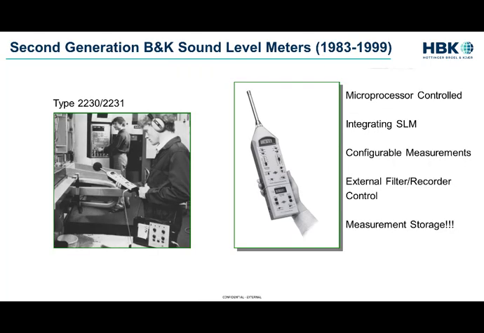This began to change in the 1980s with the introduction of the 2230 line of sound level meters. These microprocessor-controlled devices were capable of custom software sets for different types of tests, onboard memory for electronically saving measurement results, and octave filter sets that could be remotely controlled from a strip chart recorder to allow automated measurement of a full spectrum, albeit still one band at a time.